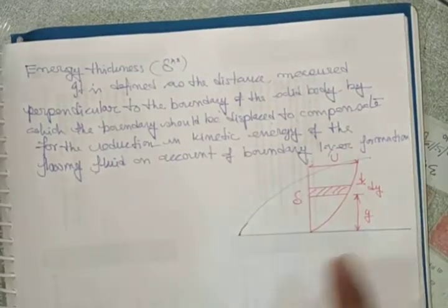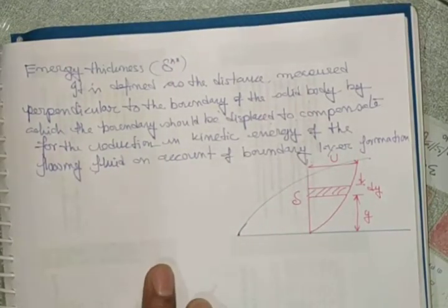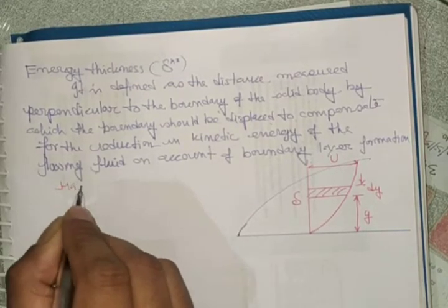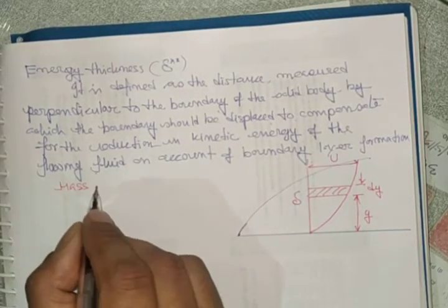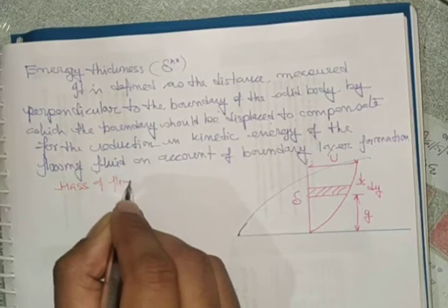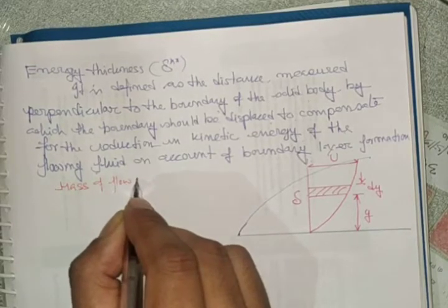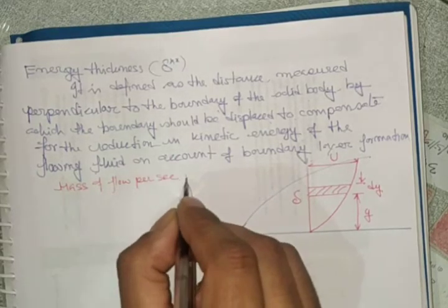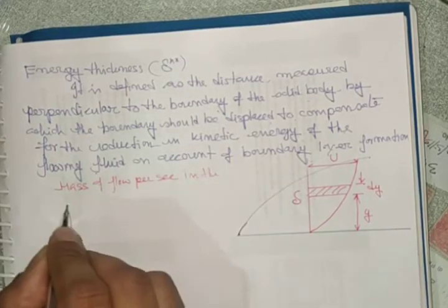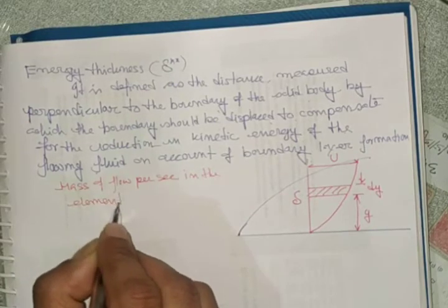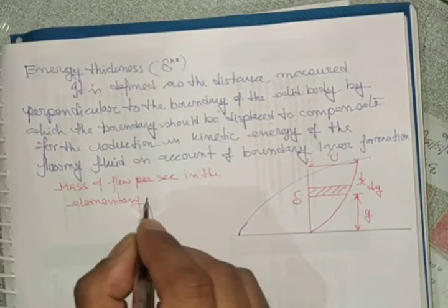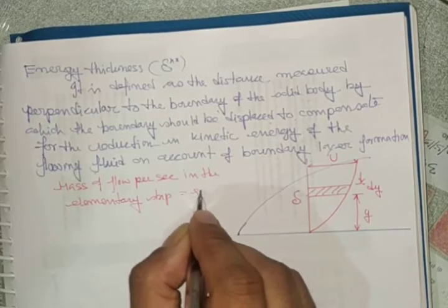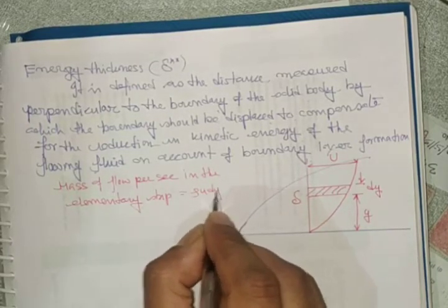So similarly we consider the same thing. At first we find out the mass of the flow per second in the elementary strip, as usual is given by rho small u del y.